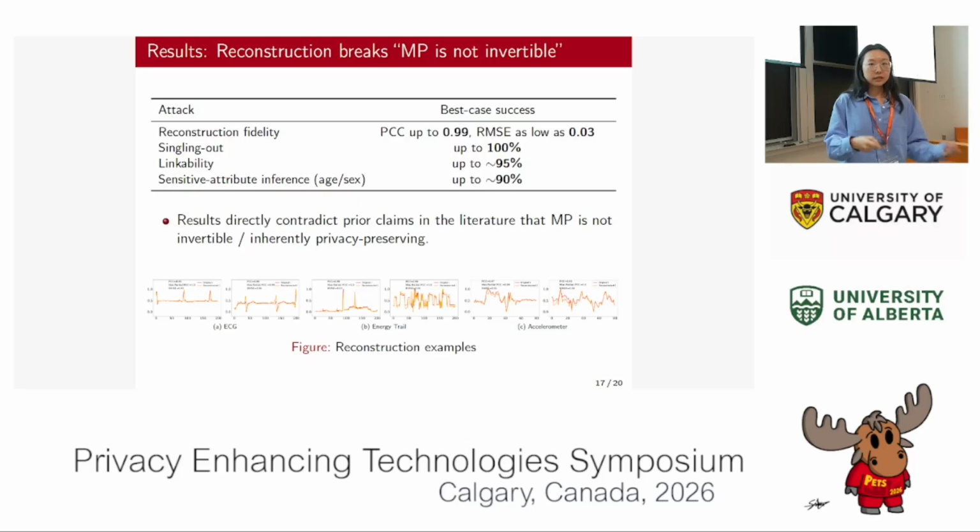And when we use this reconstruction to evaluate the privacy attacks, we have up to 100% for singling out, 95% for linkability, and 90% accuracy and F-score for sensitive attribute inference. So these results break the prior claims in the literature that matrix profile is not invertible, hence privacy preserving.